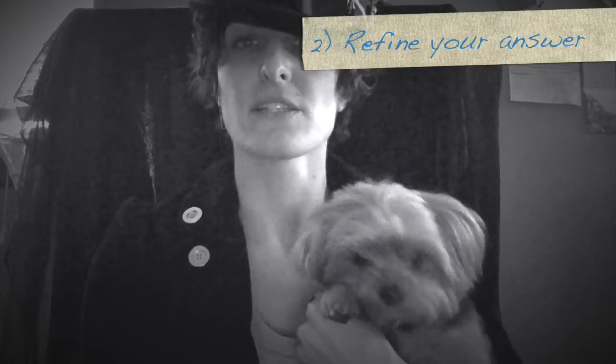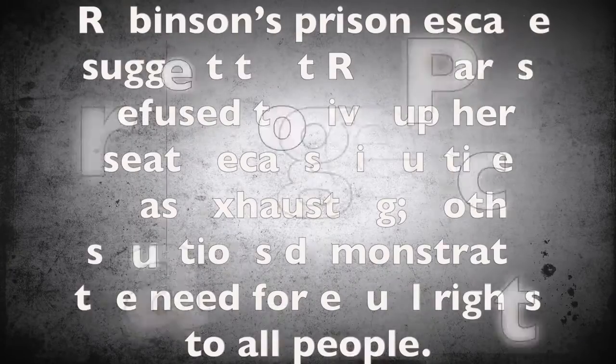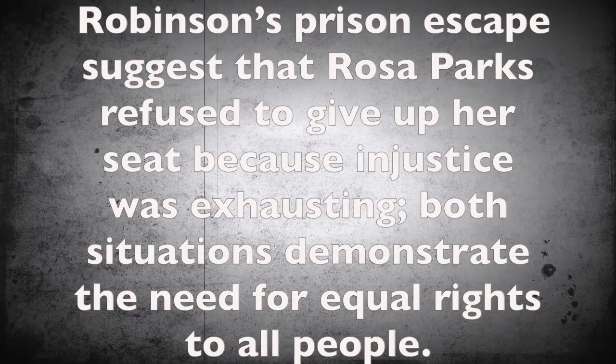Your second step to writing a killer thesis is to refine your answer. In the case of our question, we can refine our answer to determine how we're going to make our case. So, in our example that we're working with, Tom Robinson's prison escape suggests that Rosa Parks refused to give up her seat because injustice was exhausting.